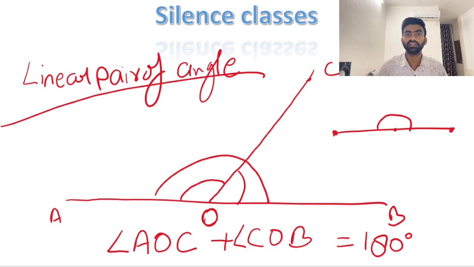We have to find out whether a line is present and how many lines are cutting it, so this is known as linear pair of angles. I hope you guys understood.